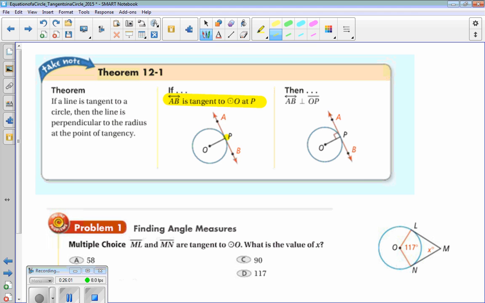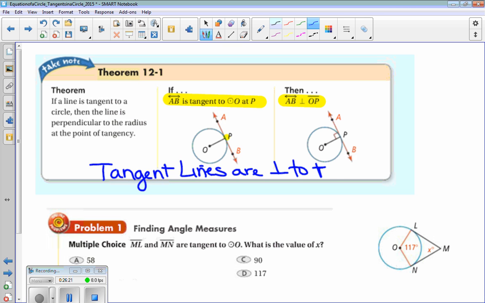So if we have a tangent line, then the tangent line is perpendicular to the radius. Basically, you can just say this. Tangent lines are perpendicular to the radius at the point of tangency.